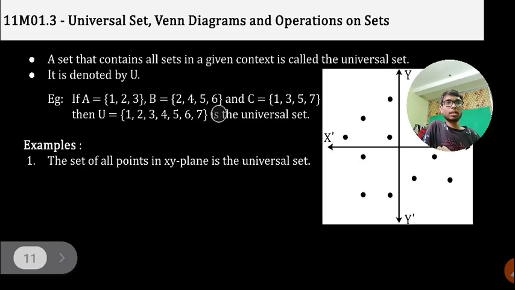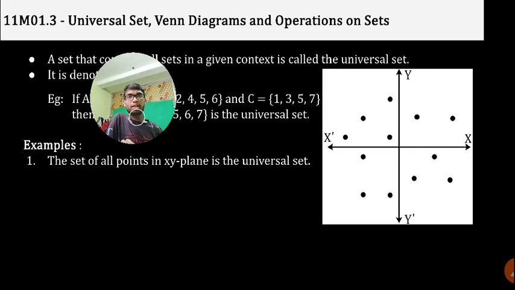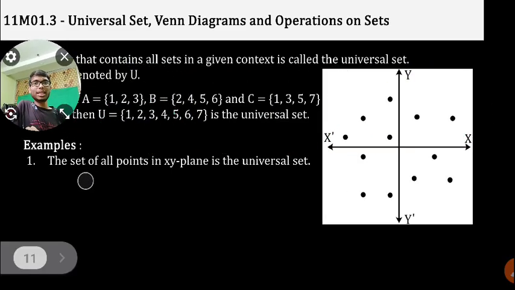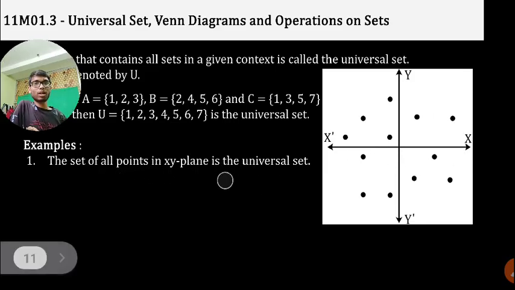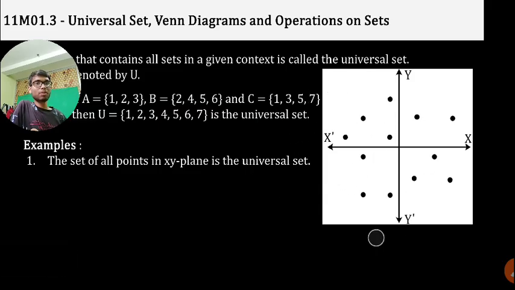Example, here with a graph, let's visualize it. The set of all points in the xy plane is the universal set. On this plane, in this quadrant we have two points, in this quadrant we have 4 points, in this quadrant we have three elements, and in this quadrant we have three elements.